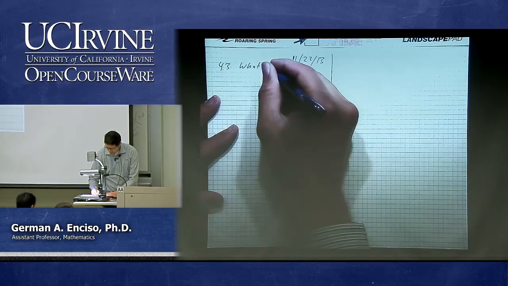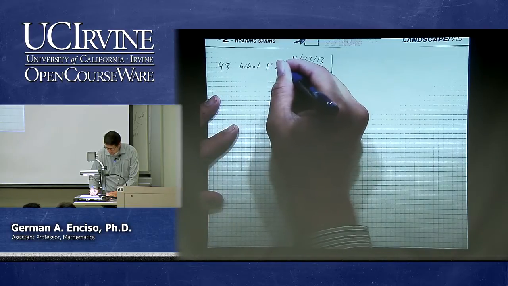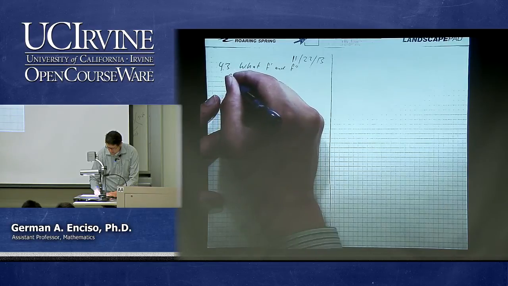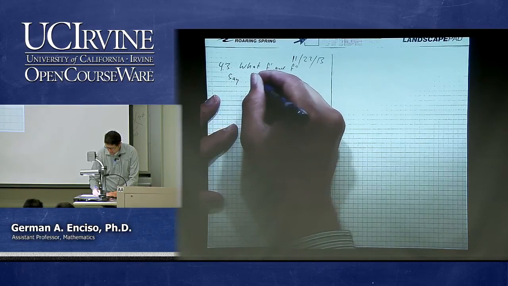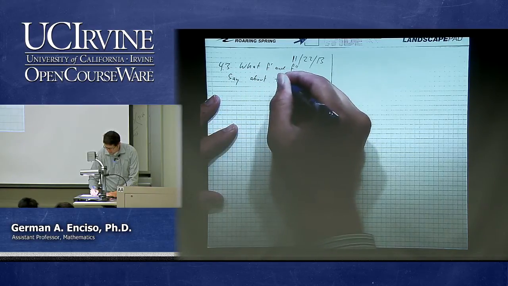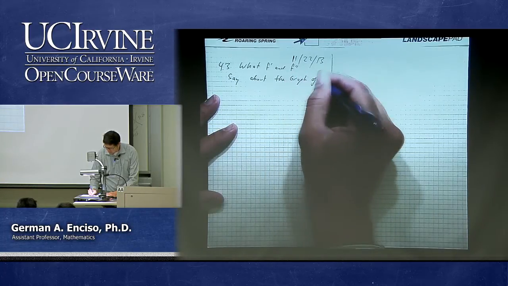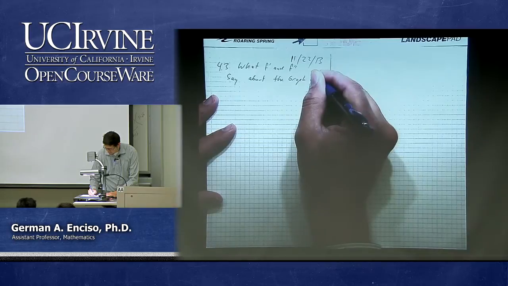What f prime and f prime prime say about the graph of f.